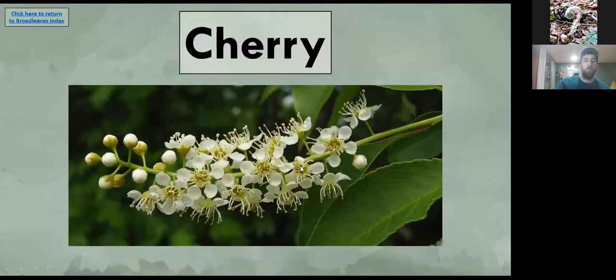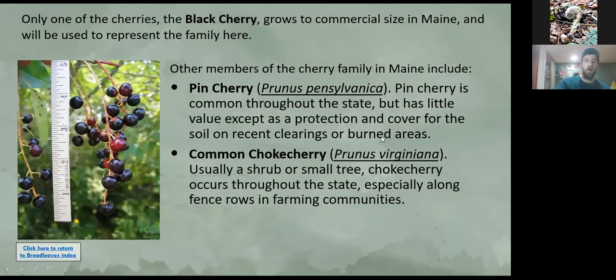And then we'll talk a little bit about some of our native cherries. We have a couple of non-commercial or shrubby trees here: pin cherry as well as choke cherry. These are classic pioneer species, intolerant of shade, so you're never going to find them growing in a closed canopy forest.